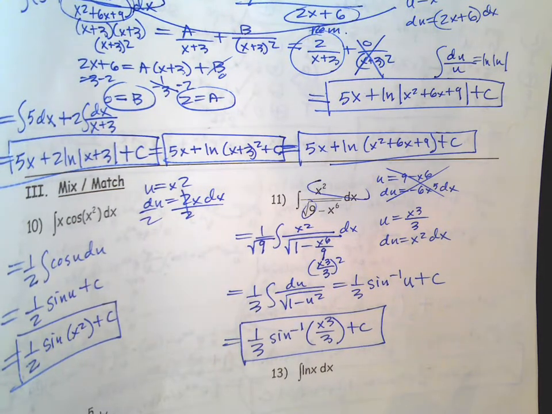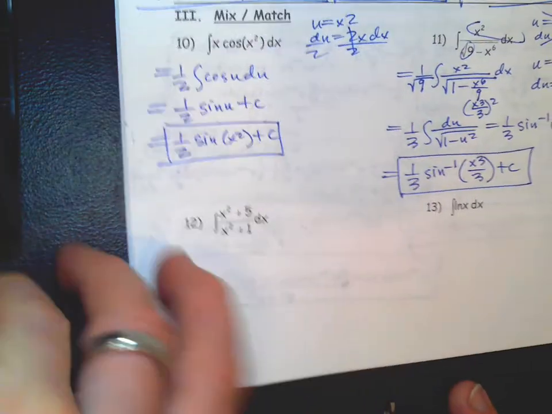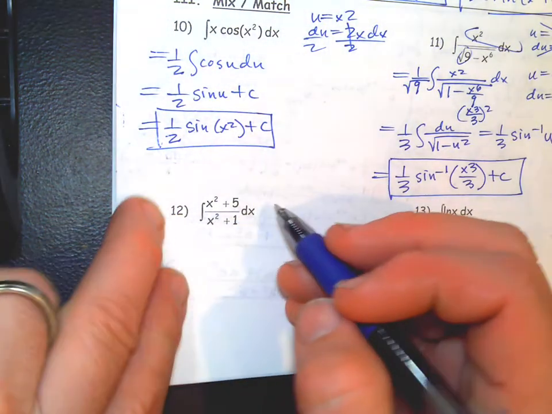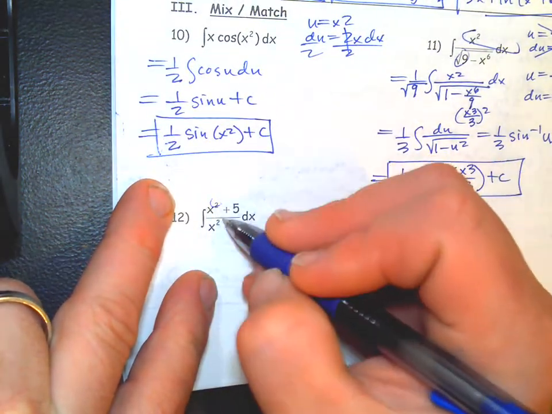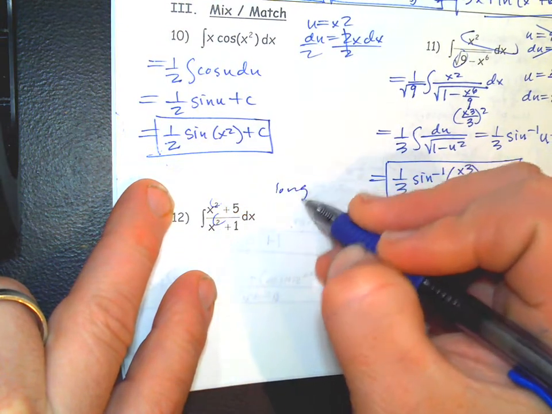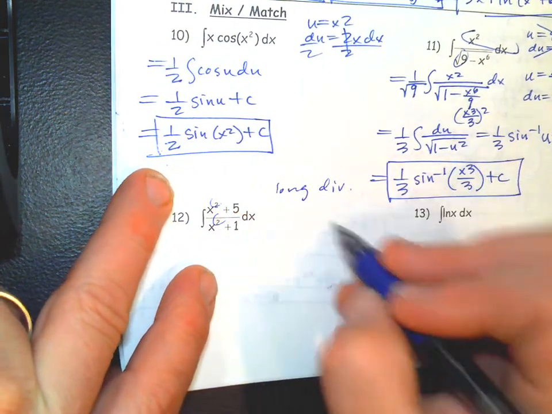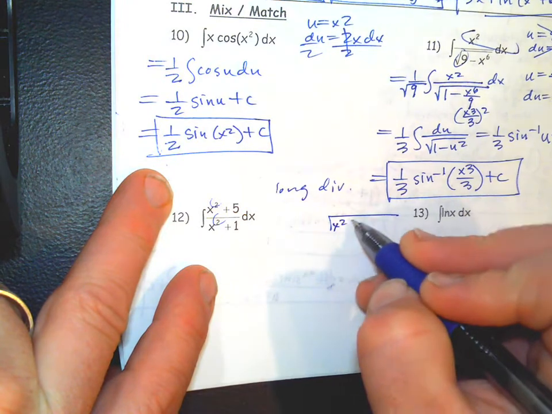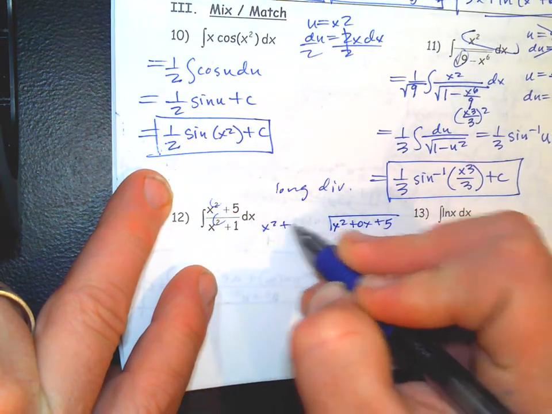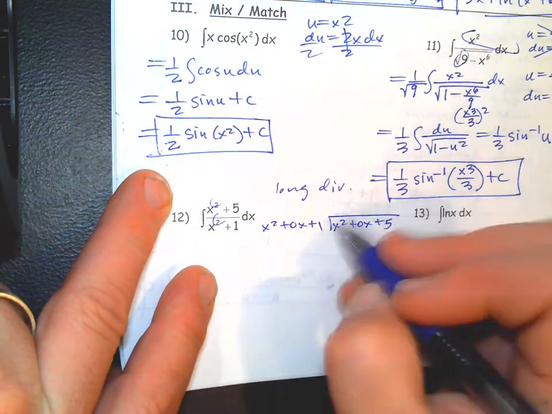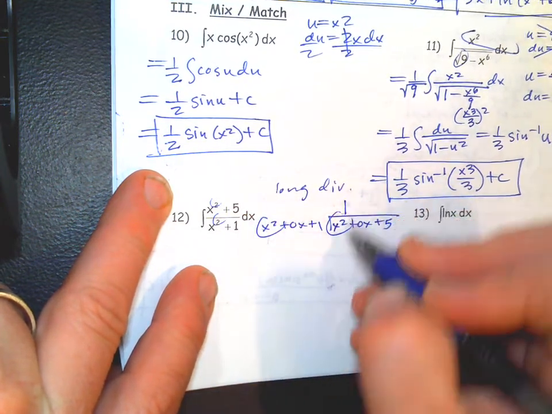All right. And here's another one. I don't think you can factor this. We should do long division because they have equal degrees. So it's going to be x squared plus 0x plus 5 divided by x squared plus 0x plus 1. So when we start with the first terms, it's a 1.